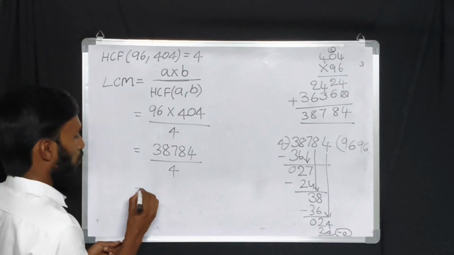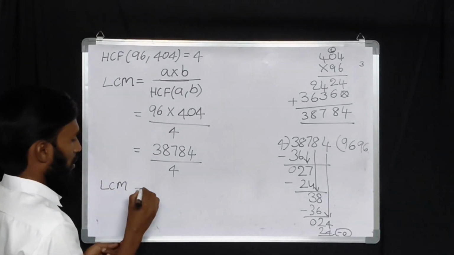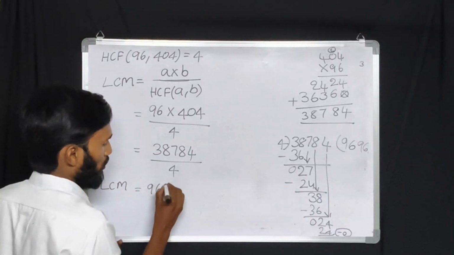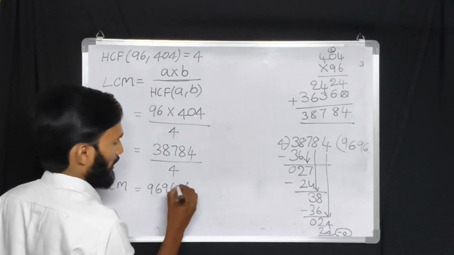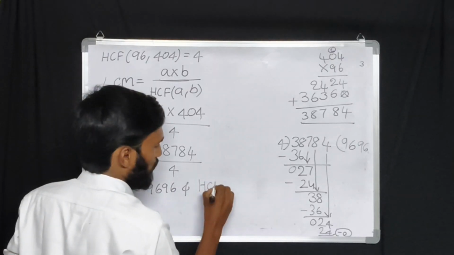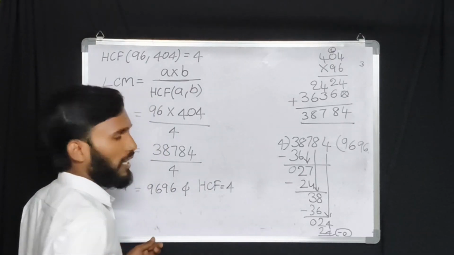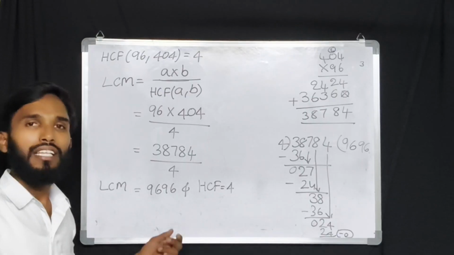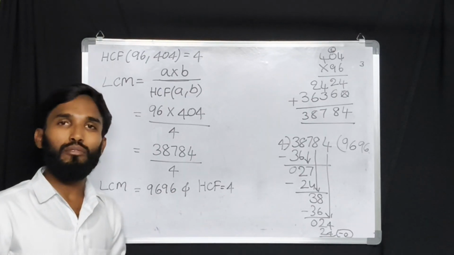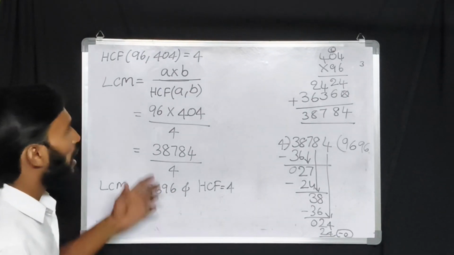What is the answer? What is the LCM? LCM is equal to 9696 and HCF is 4. This is how we have to find the LCM of such numbers by using the HCF.